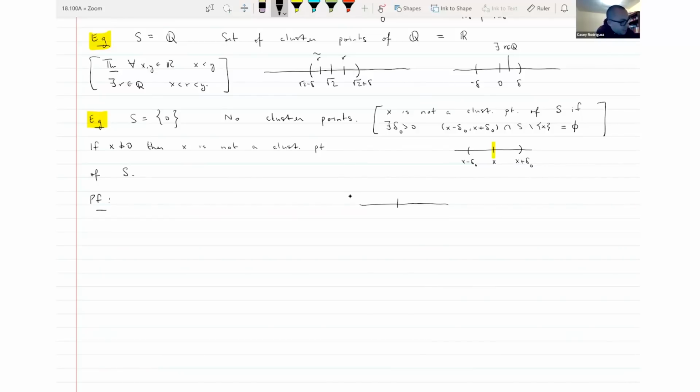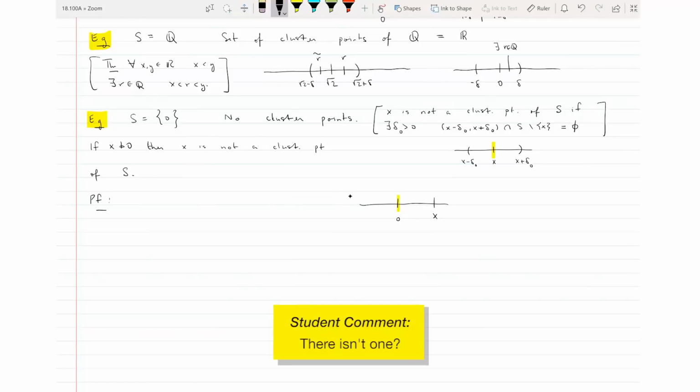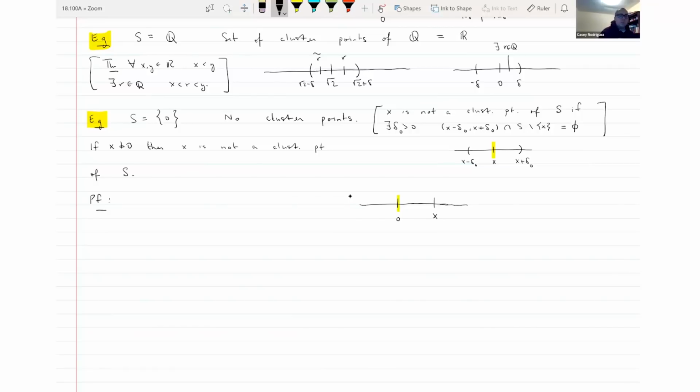And let's prove this. And what's the idea? We have to be able to find, so here's 0. This is all that S is. It's just this point 0. Now we have a point X. What would be an interval containing X that contains none of S? So X here is just some non-zero number.